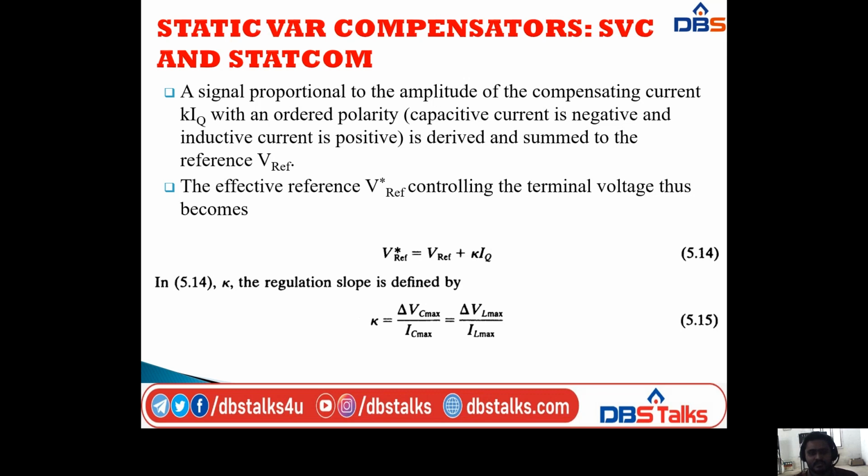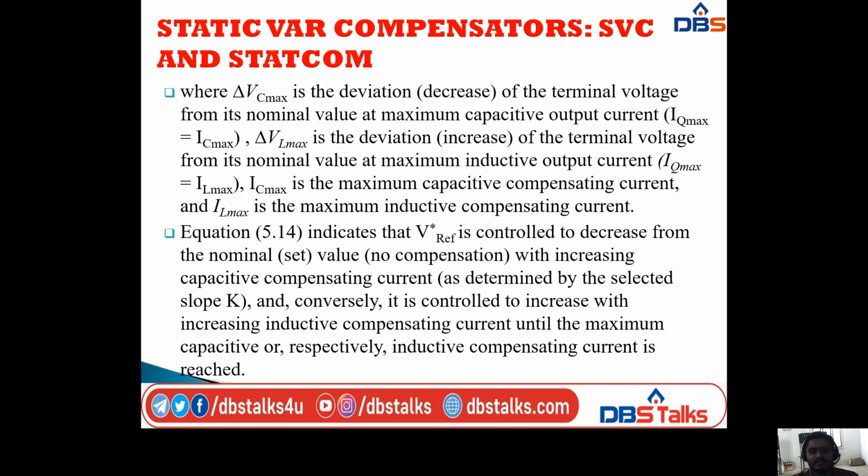Delta VC maximum is the decrease of the terminal voltage from its nominal value at maximum capacitive output current, that is IQ maximum equal to IC maximum. Delta VL maximum is the increase of terminal voltage from its nominal value at maximum inductive output current. IC maximum is the maximum capacitive compensating current, and IL maximum is the maximum inductive compensating current.